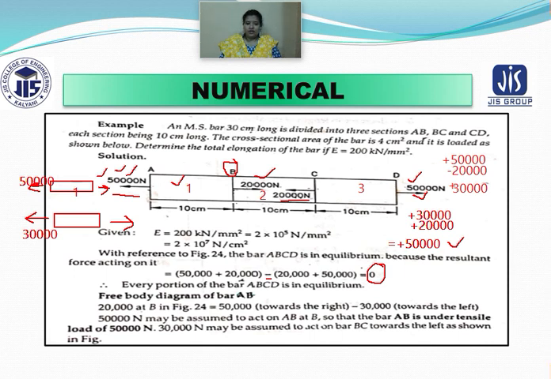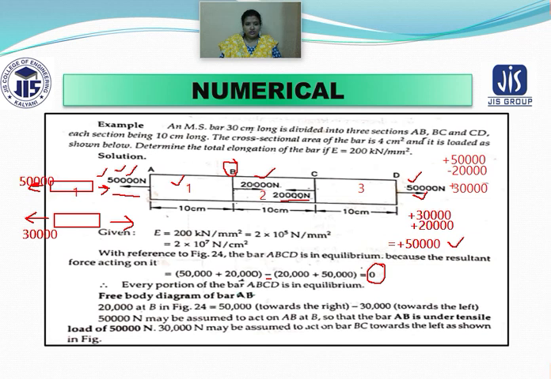For bar 1 the tensile load is 50,000, for bar 2 the tensile load is 30,000, and for bar 3 the tensile load is 50,000. So since all the loads are tensile, the elongation of the bar will also be in positive mode.